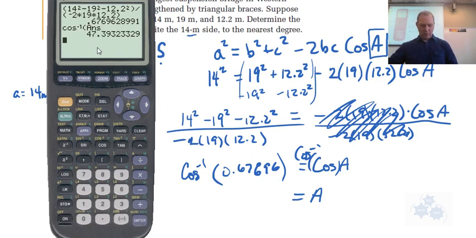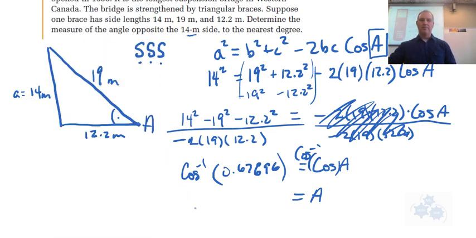We get 47.393. So that gives us the angle, 47.4 whatever. That's the angle A that we're missing here. Oh, to the nearest degree, so 47. I just see that now. Okay, and that should be the answer that you get there.